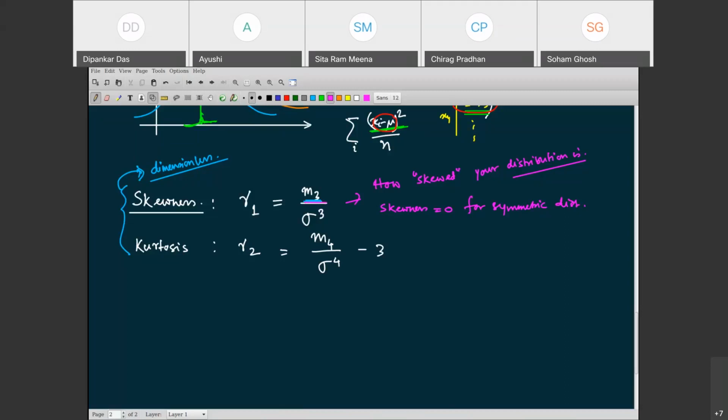So depending on whether you are on the x greater than mu side or the x less than mu side, it can change the sign.